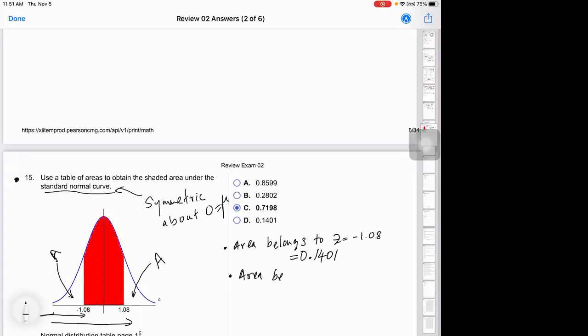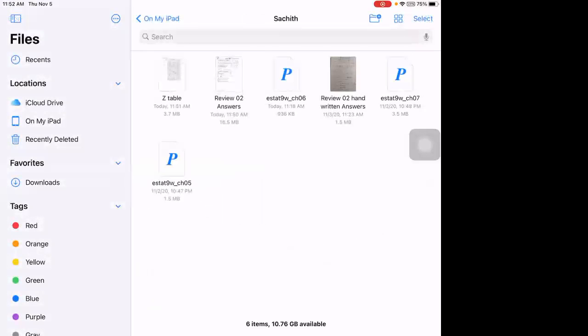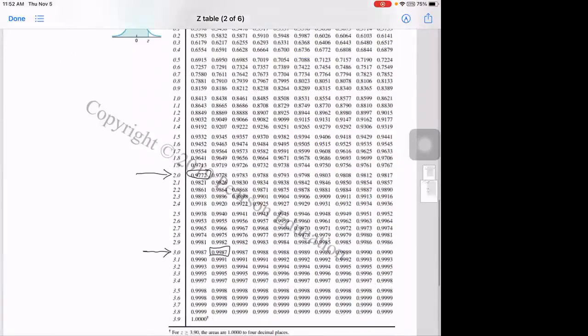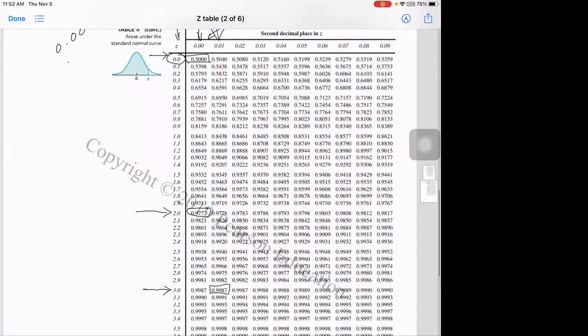Again, you can find the area which belongs to Z positive 1.08. There are positive cases in this table too. 1.08: 1 is here, 0.8 here.